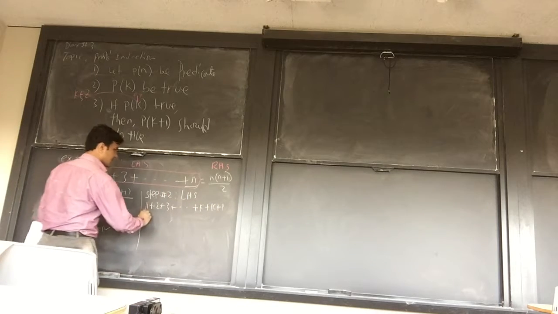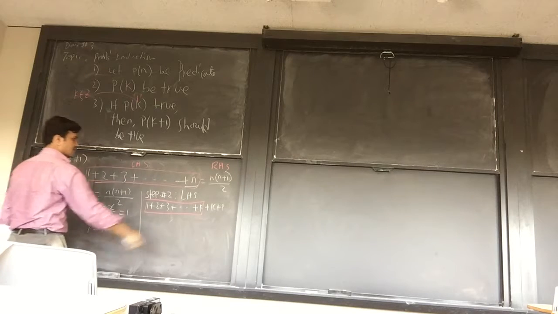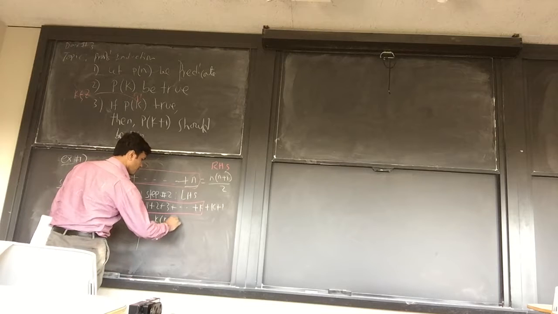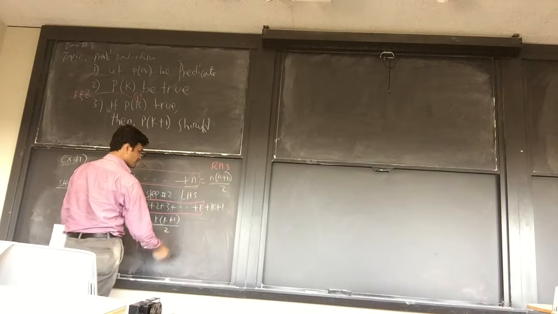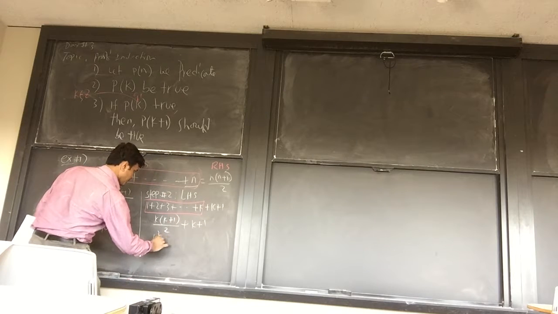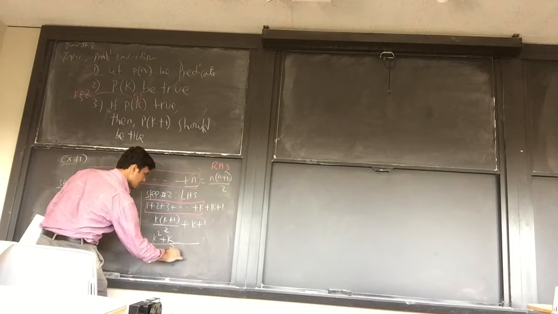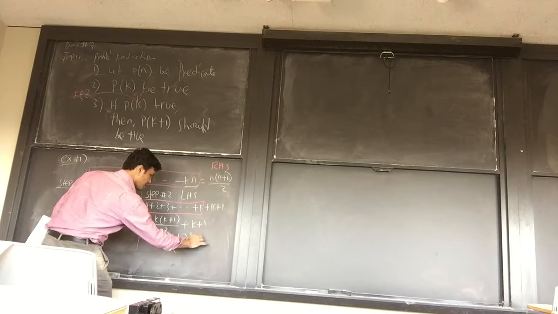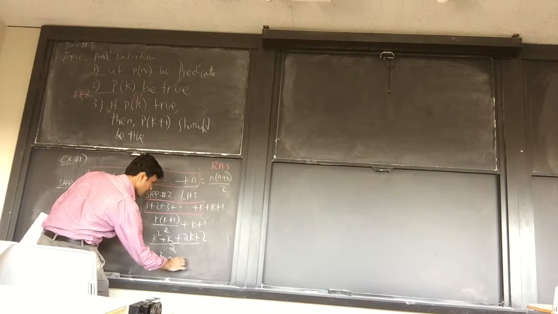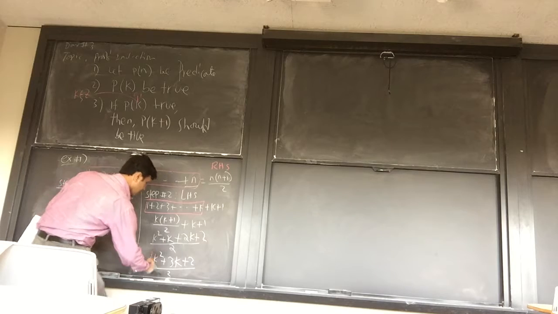We already said that this part is k(k+1)/2, and this part is plus k plus 1. So k squared plus k plus 2k plus 2. So k squared plus 3k plus 2 over 2. So this is our left hand side.